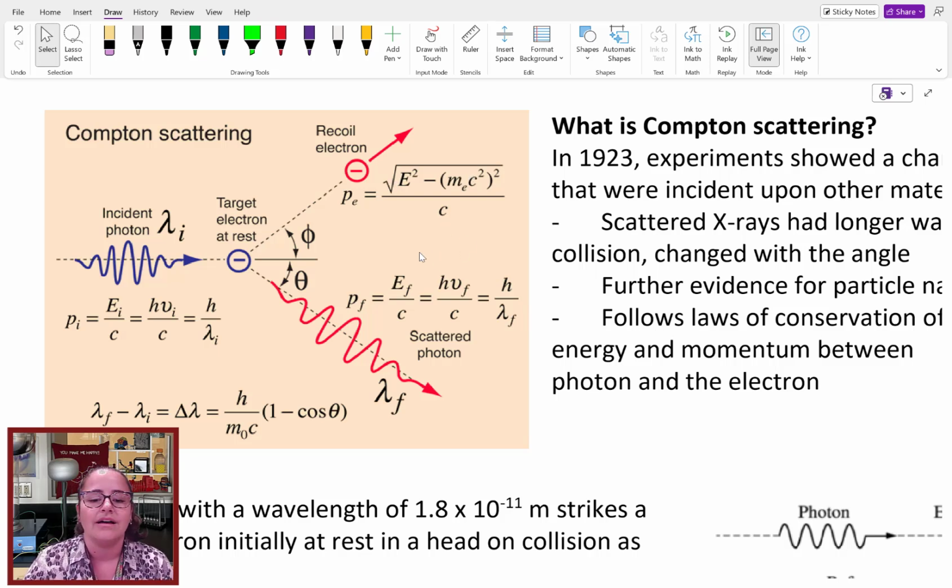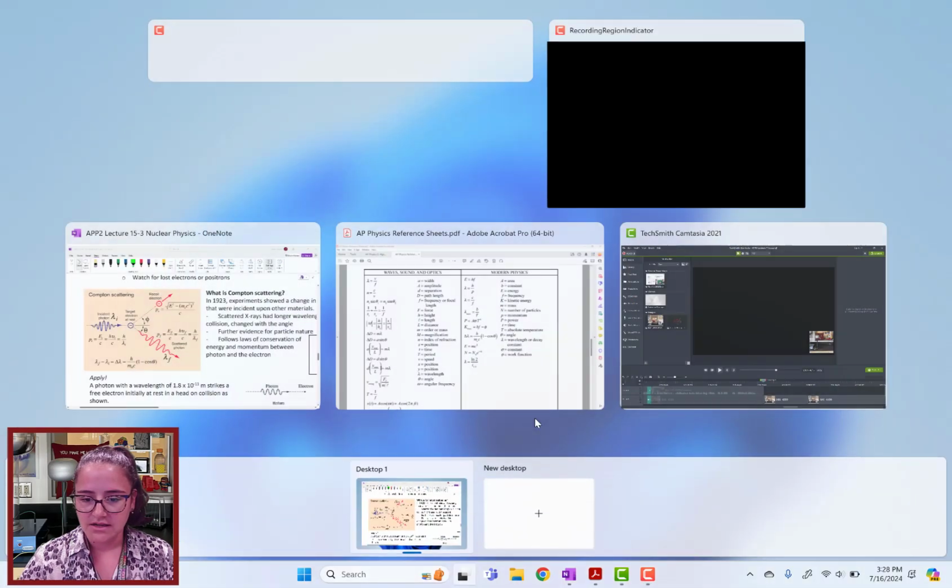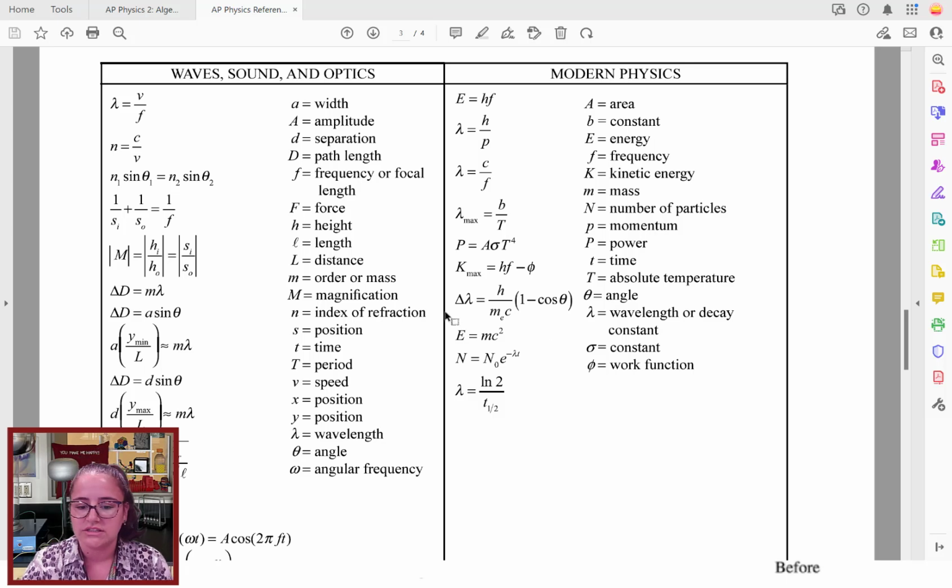So we can see that the scattered photon now has a new wavelength. It has less energy. And the change in that wavelength is given by this equation right here, and that's the one that is also on your equation sheet.